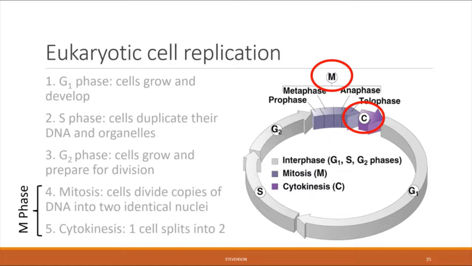So we're going to move on now to talking about M phase, the division part, by going into a process called mitosis, where the cell divides its copies of DNA into two identical nuclei, which is the plural term for nucleus.